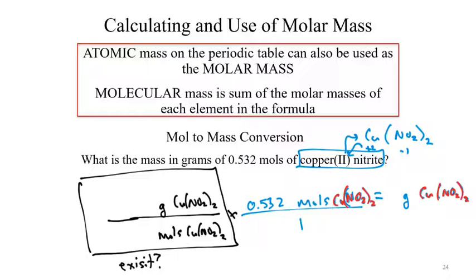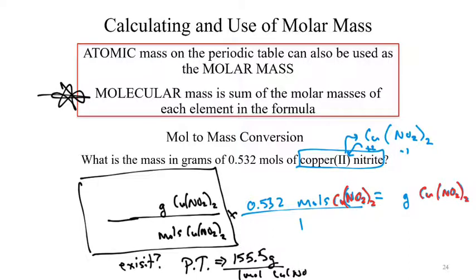So where would I find it? Well, this is what makes this unit so much more challenging. You have to know where to find this information. You're being told that you need to find that information on the periodic table, and that was actually the question that we just solved, where we found it was 155 grams per 1 mole of our copper nitrite.